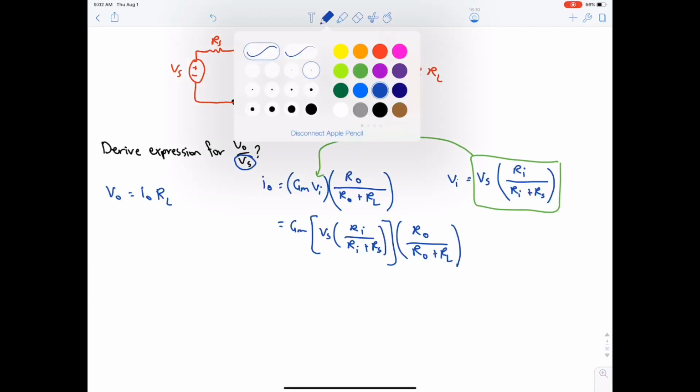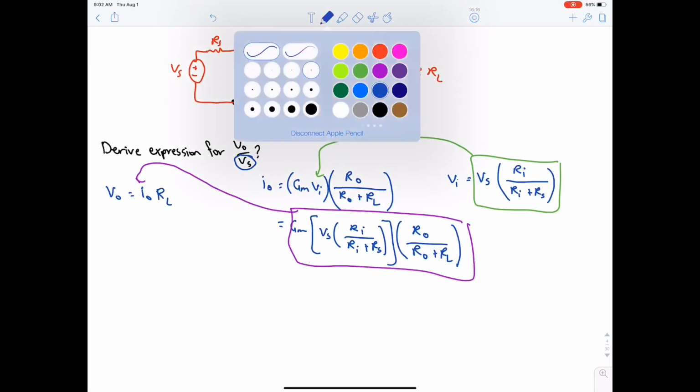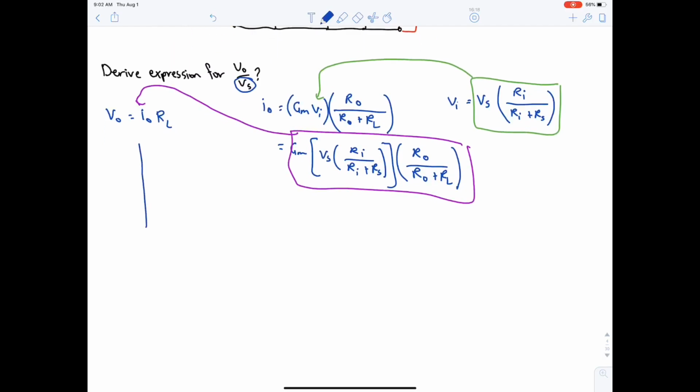Then taking this entire thing and plugging it back in here will give us V output is equal to GM VS RI over RI plus RS multiplied by RO over RO plus RL, and don't forget to put RL, which is this.